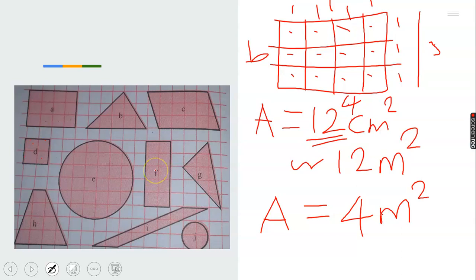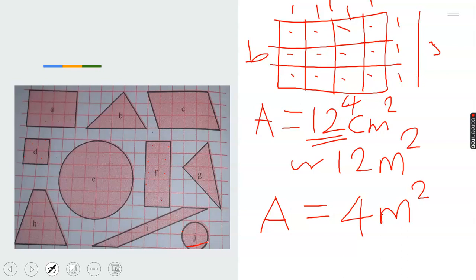In F too, you can count 1, 2, 3, 4, 5, 6, 7, 8, 9, 10. That means this one is 10. Here, the squares are not complete, but we can join this one to make 1, these two to make 1. That means the area will be what? 2 centimeters square or meter square.